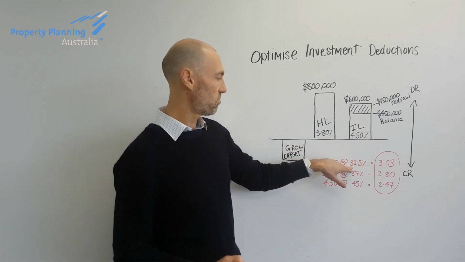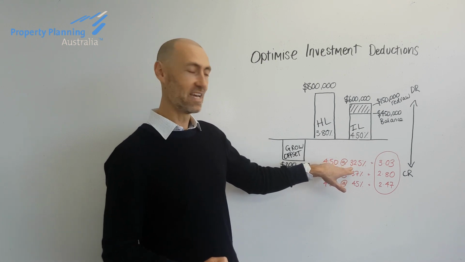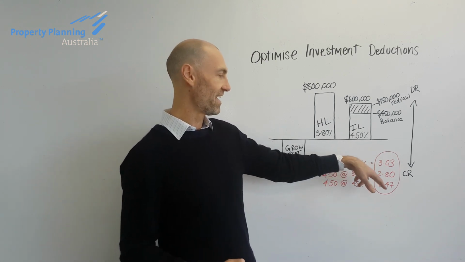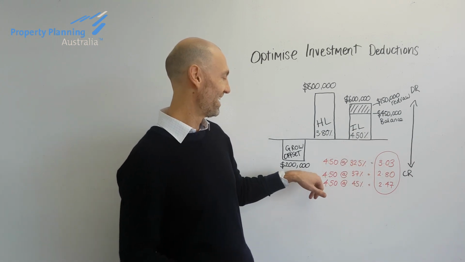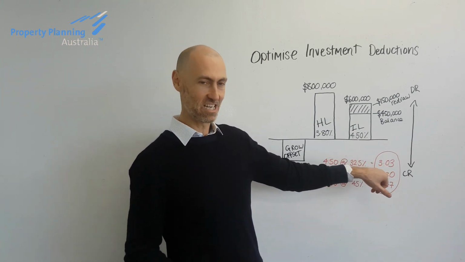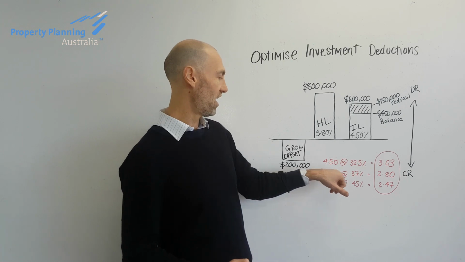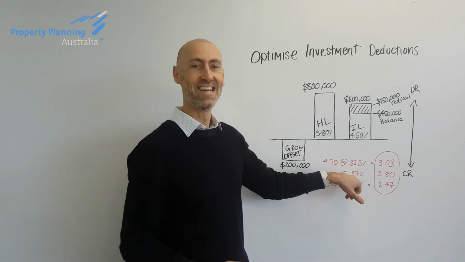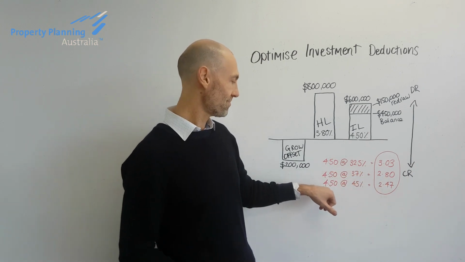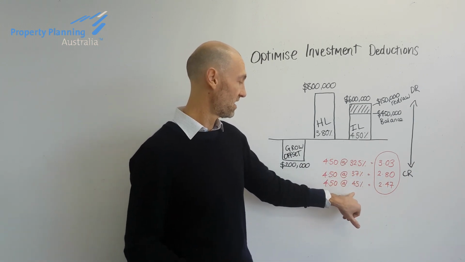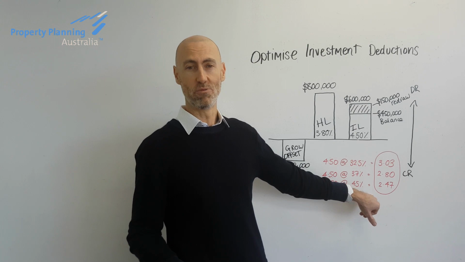So if your tax bracket is 32.5%, your effective interest rate is give or take 3.03% after your tax deduction. At 4.5%, and if you're on a 37% tax rate, then it's 2.8%. And if you're on the top tax bracket, then it's 2.47%.